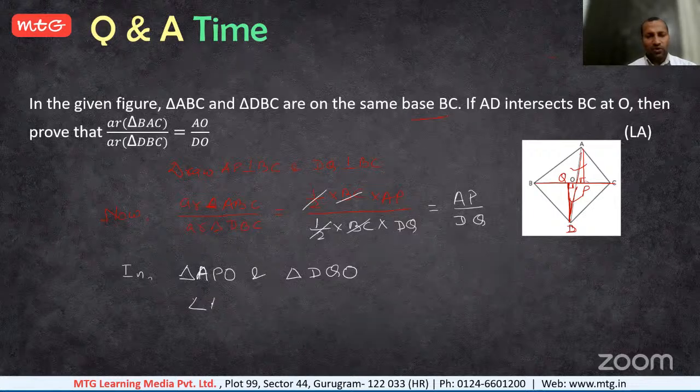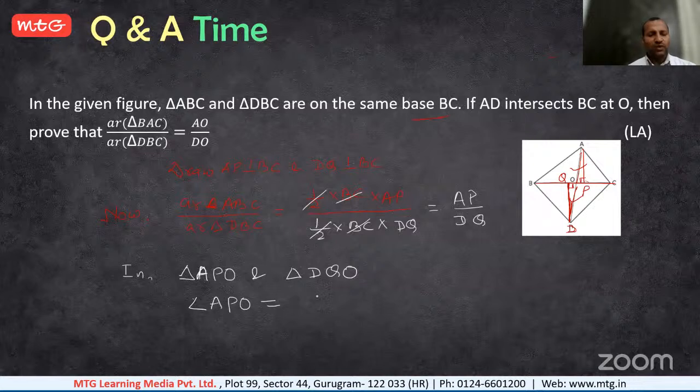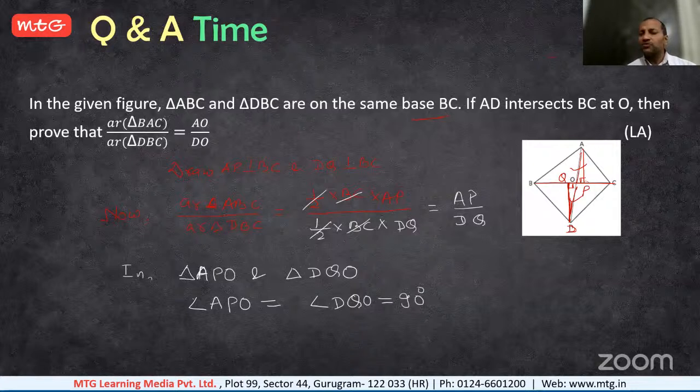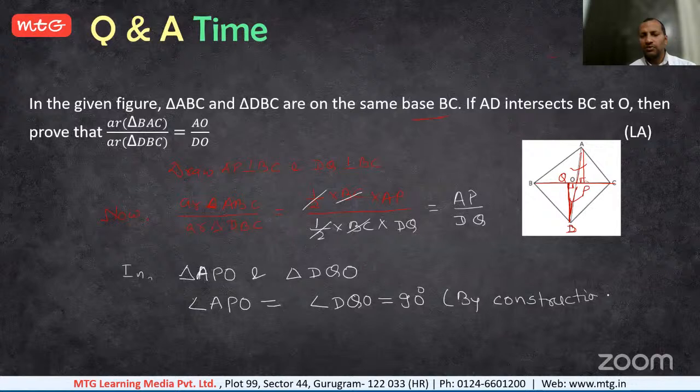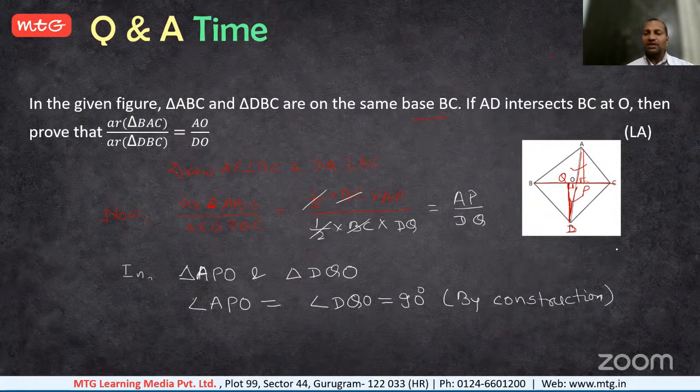Angle APO is equal to angle DQO, equal to 90 degrees. Why? Because we have drawn the perpendiculars, so we write the reason, by construction. In the same fashion, we have done the construction. So that is one thing.